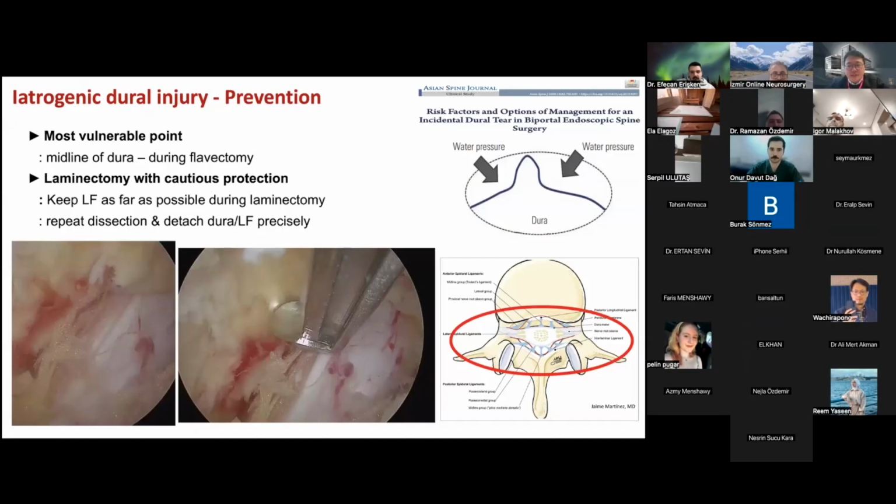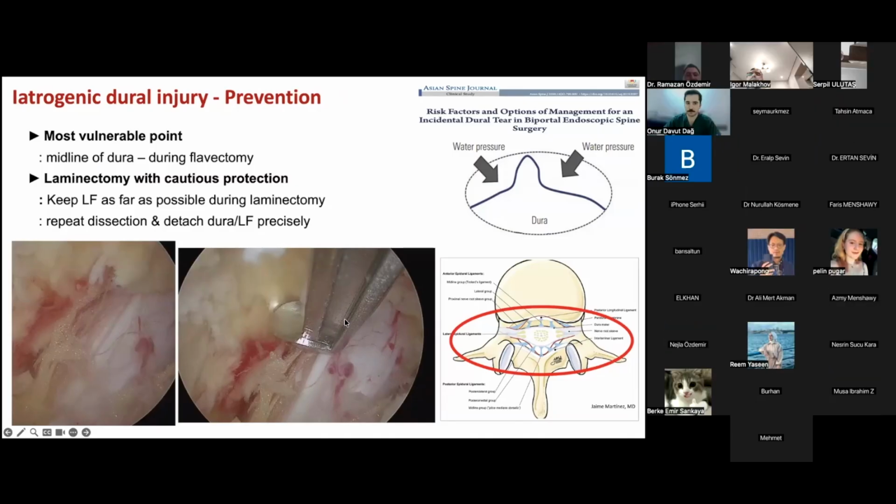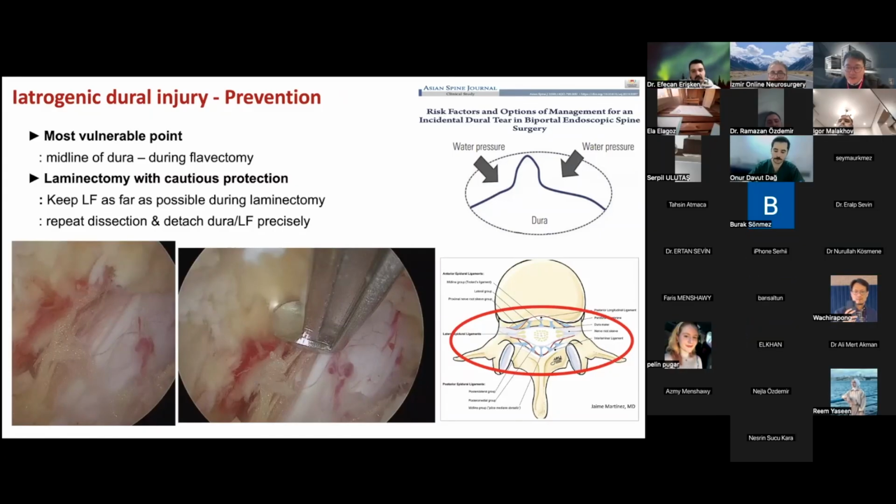If we look into the anatomy once again, the most vulnerable point, the most frequent point of dural tear is the midline of the dura. If you look into the images right here, you might see these midline dural folds on the dura. If you look at the anatomy, these are the areas where there is a certain ligament holding the dura to the ligamentum flavum.